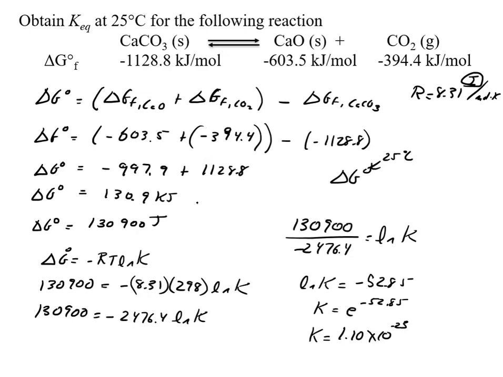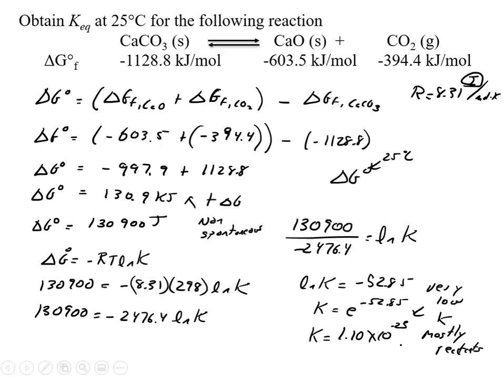Okay, so positive delta G is non-spontaneous. A very low or small K is mostly reactants, which means it also did not go forward. Okay, so those two things should correspond to each other.